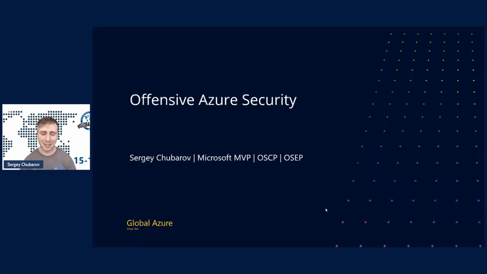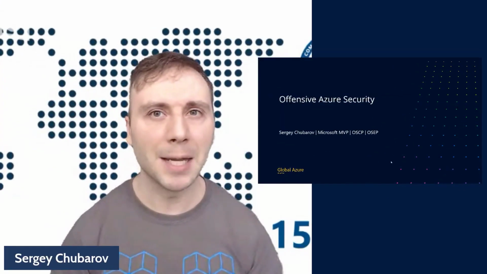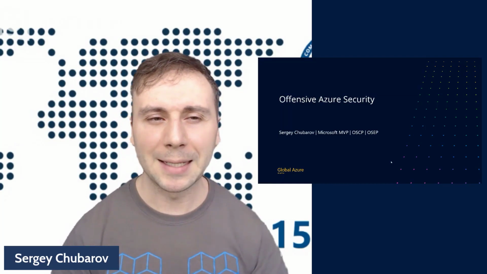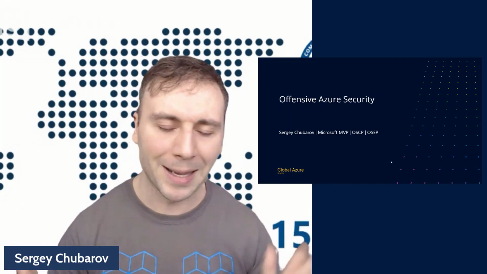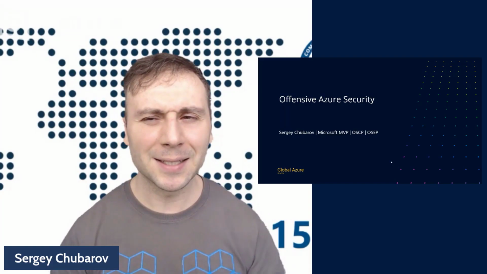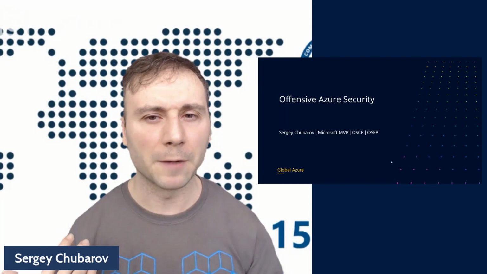This slide is about my session, offensive Azure security, or Azure if you prefer British English. The question is, what does it mean, offensive Azure security? The goal of this session is to show you how the infrastructure in Azure may be compromised, depending on the scenarios. When we talk about hacking or pen testing, it's not just about vulnerable software.